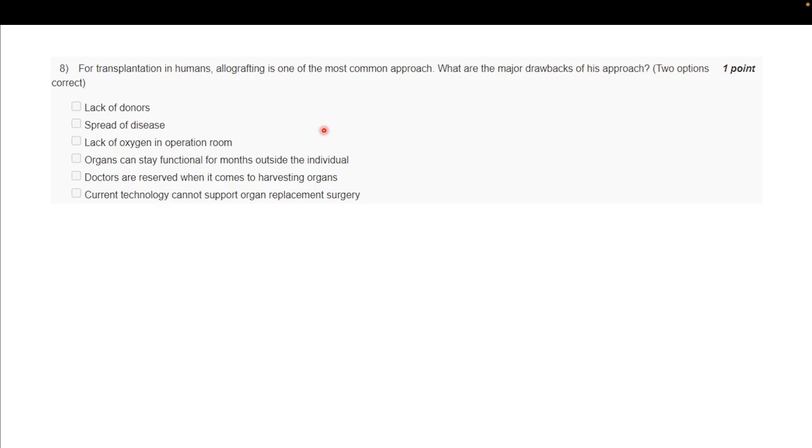Moving on towards the next question. Next is, for transplantation in humans, allografting is one of the most common approaches. What are the major drawbacks of this approach? We have to select 2 correct options. Option 1 and 2. Yeah, one by one. One person said 1 and 2. Anybody else also trying to answer? Option 1 and 2. Okay, thanks for answering.